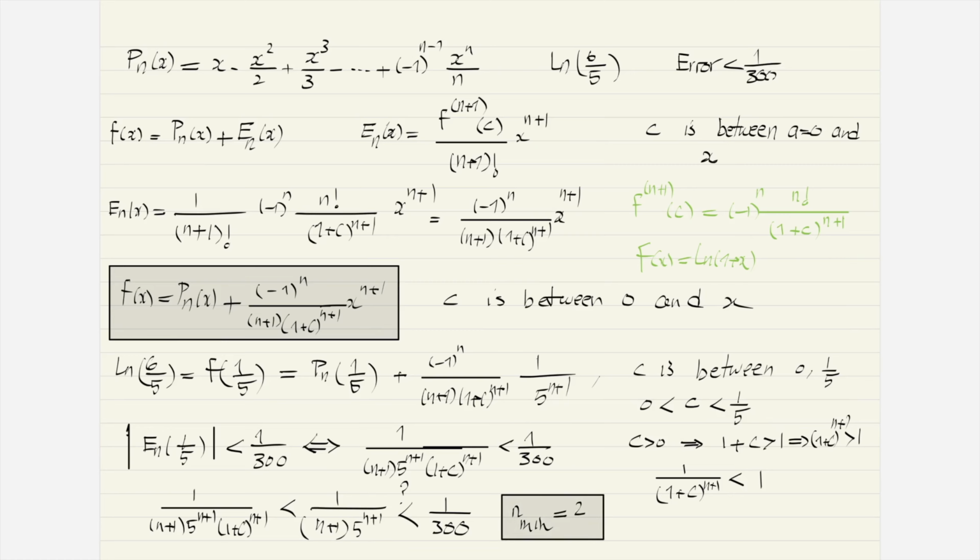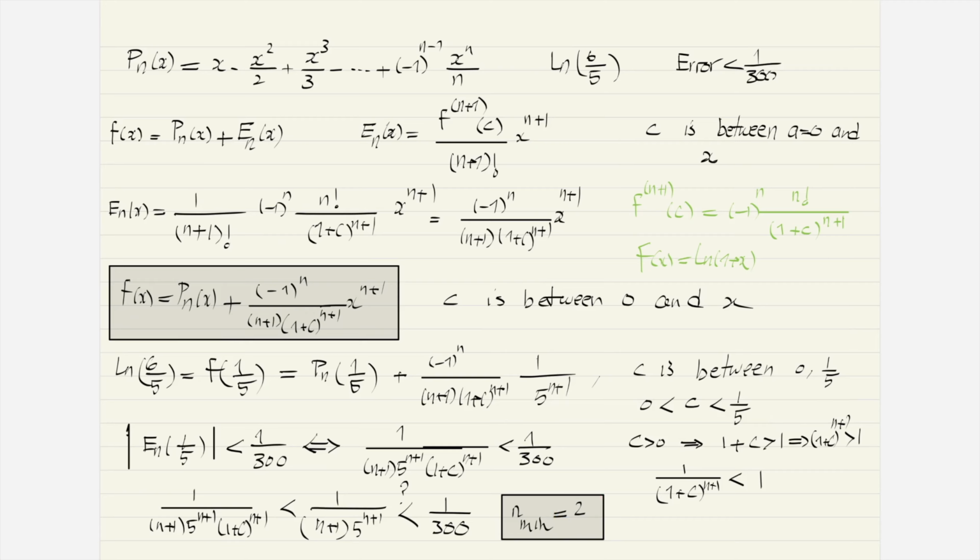So what does it mean? I want you to understand the logic. Because this is guaranteed to be less than that one, if I choose n equal to 2, the minimum value of n for which this is guaranteed is 2, because when I put 1 it didn't work, but when I put 2 it worked. So this means that n is 2.